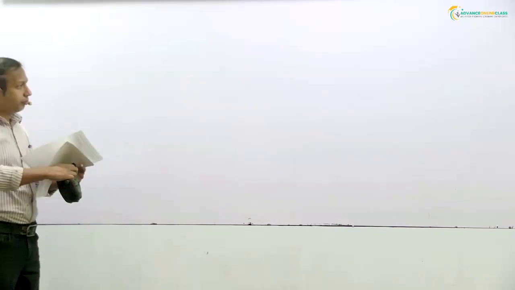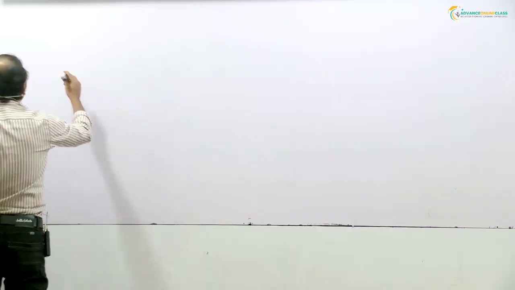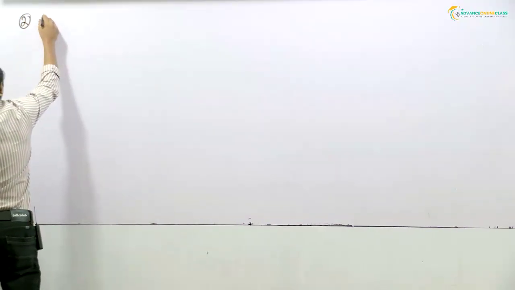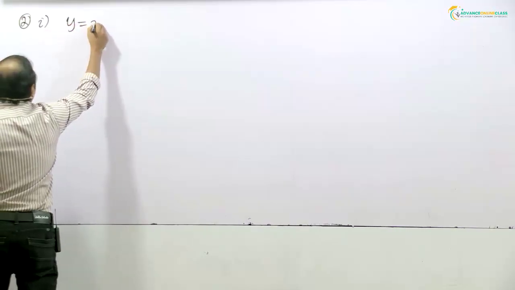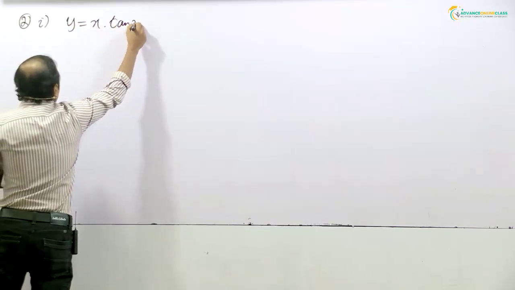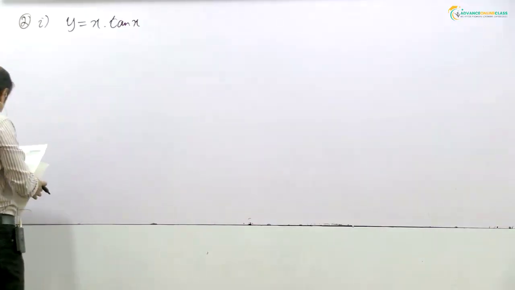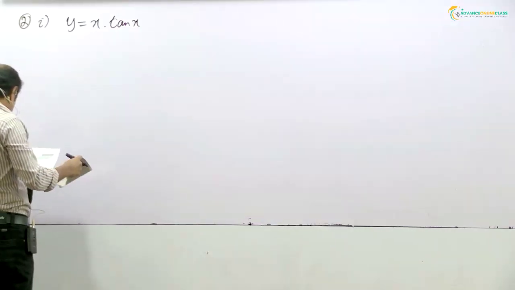Question number 2, part 1. y equals x tan x, x into tan x. It asks to prove that x sin squared x, this.